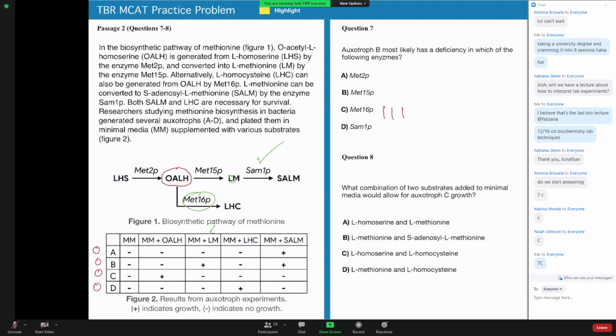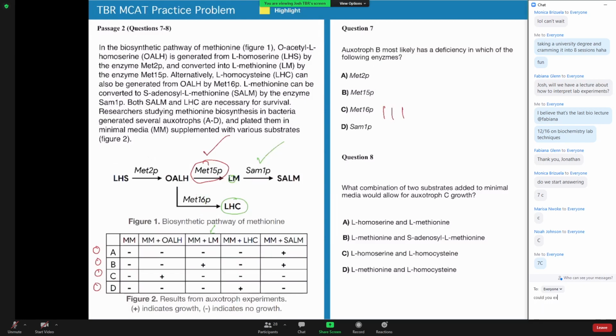But it also means that the metabolite has this and this, because this is also necessary for growth, okay? Which means that the only enzyme that it could be deficient in is MET15P, right?